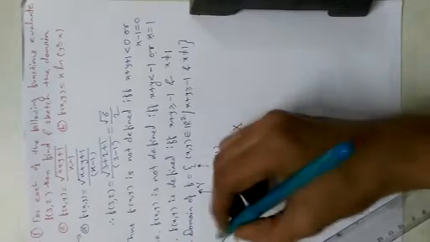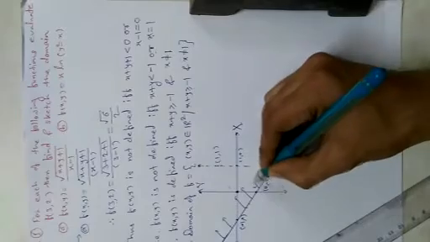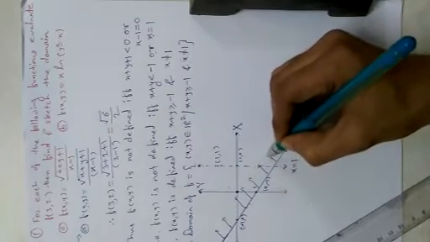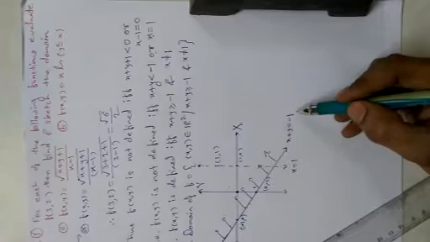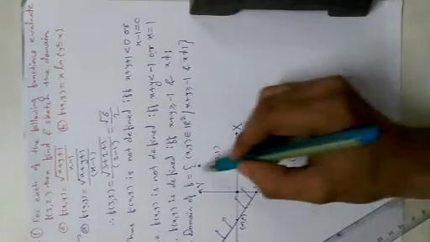Therefore, the upper half of this region, this plane, is included in our domain. Thus, the domain of f is the upper part of this line, x plus y equal to minus 1, excluding which points? Points on the line x equal to 1, excluding point x is equal to.